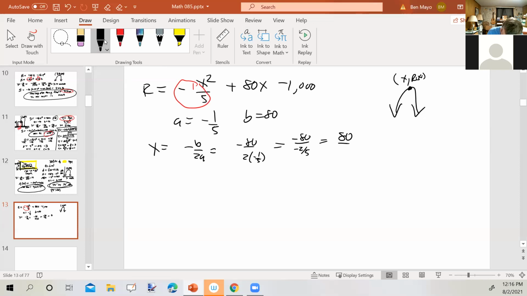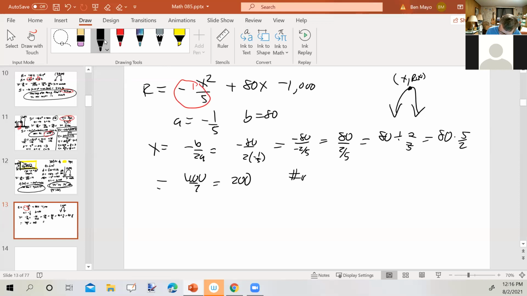Negative divided by negative is positive. So we've got 80 divided by 2/5, which is 80 times 5 over 2, which is 400 over 2, which is 200. Okay. So all that to come up with the X value is 200.